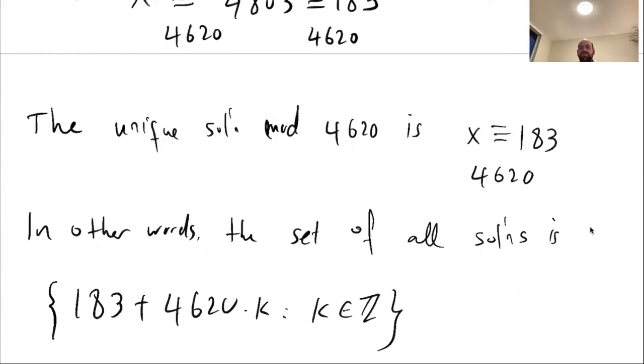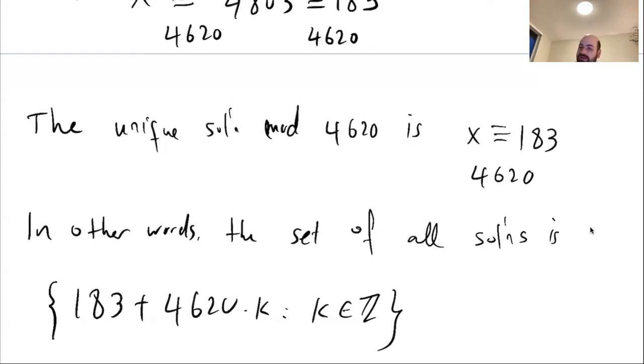So which numbers are congruent 183 mod 4,620? Any number of the form 183 plus 4,620 times K, where K comes from the set of integers, right? Well, for example, 183 itself, of course, is congruent 183. But if I add, for example, 4,620 to my number, still the number is congruent 183, right? Because 4,620 is 0 mod 4,620.